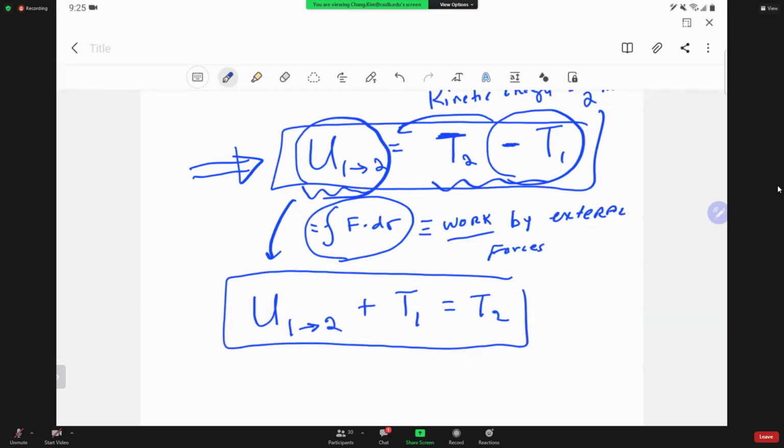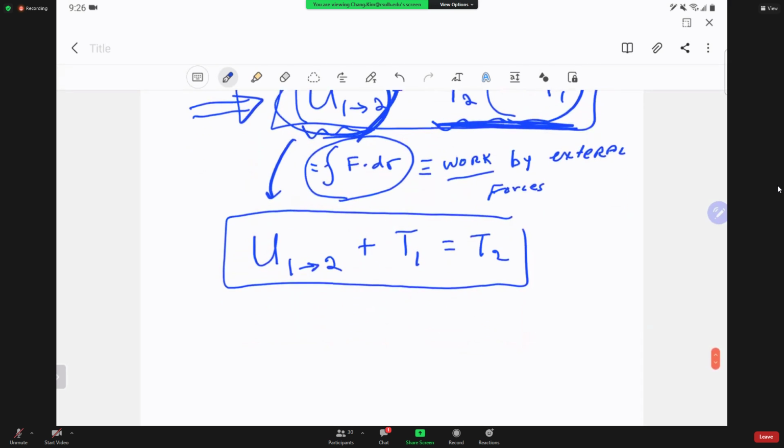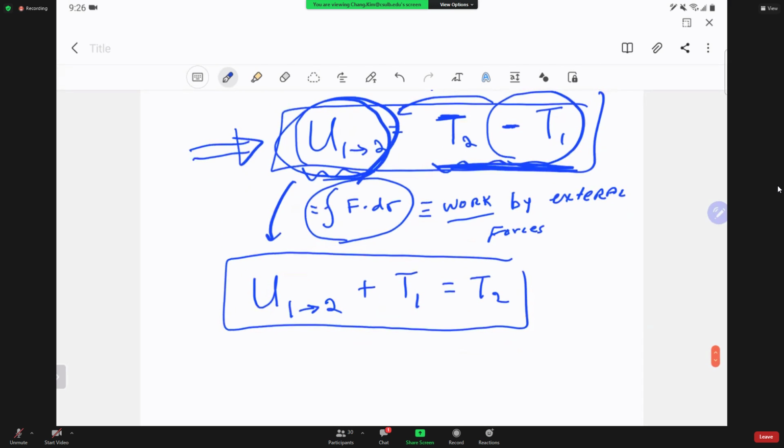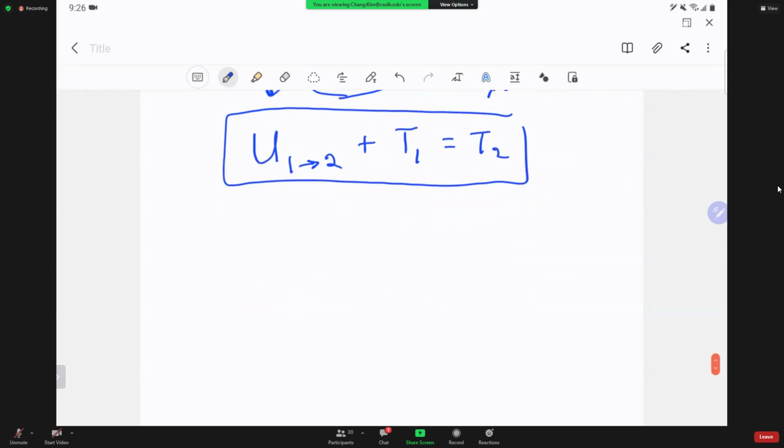If there is a change in your kinetic energy in your dynamic system, that means something must have been done from somewhere. You can think of it that way in layman's terms. For more philosophical terms, you may want to refer to the theorems or paragraphs in the textbooks. So this is an energy equation that you and I want to work with.